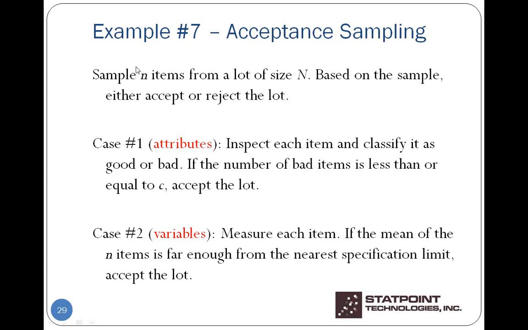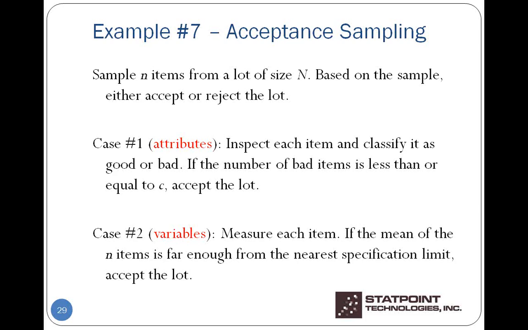Then there's an acceptance number that's determined called C. And if the number of bad items out of little n is less than or equal to C, you accept the lot. So you may take 100 items with an acceptance number of 5. So you look at 100 items. If the number of bad ones is 5 or less, you accept the lot. If it's more than 5, you reject it. Okay, that's an attribute sampling plan.